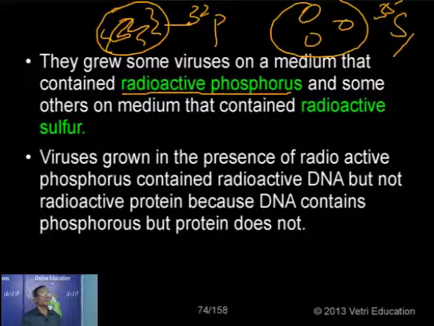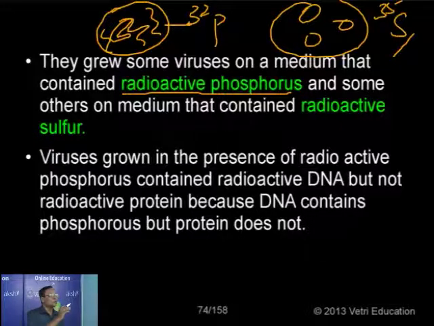When the virus is grown in the presence of radioactive phosphorus, it becomes radioactive because the radioactive phosphorus is incorporated into its DNA molecule. So viruses cultured in a medium with radioactive phosphorus become radioactive, because the radioactive phosphorus has been incorporated into the DNA of such virus particles.